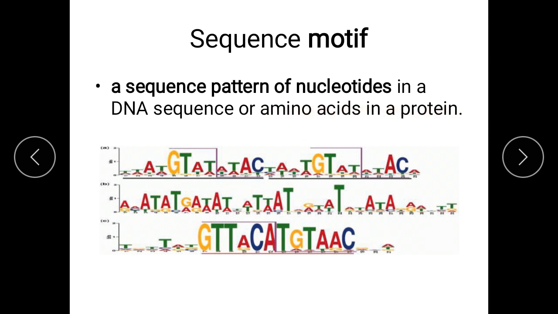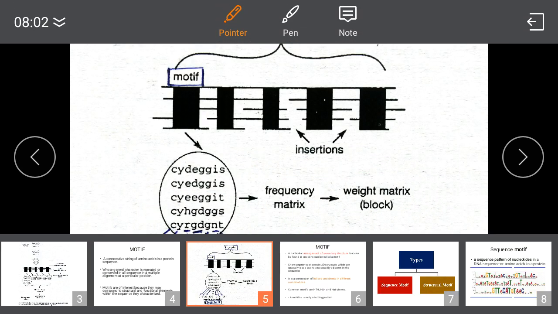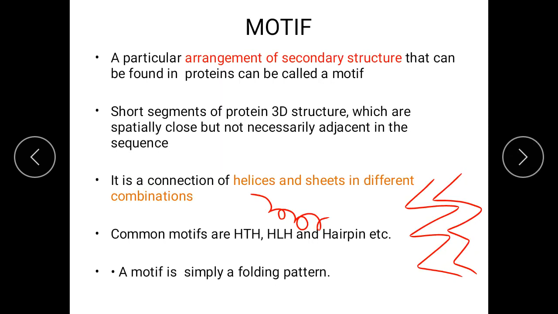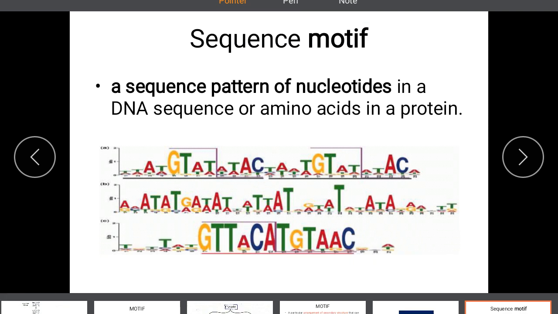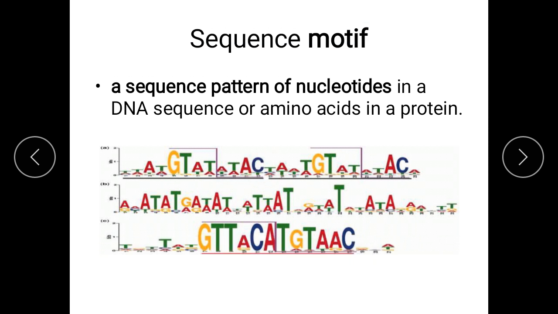Here a specific sequence is given, G, G, T. As we have discussed earlier, there is a specific sequence found in this nucleotide: at first G, then T, again T, A or T, likewise A C C A, then G T, here is a G T. Such a sequence, if conserved in two or multiple sequences, is called a sequence motif.